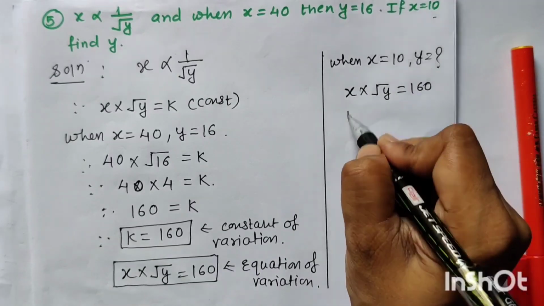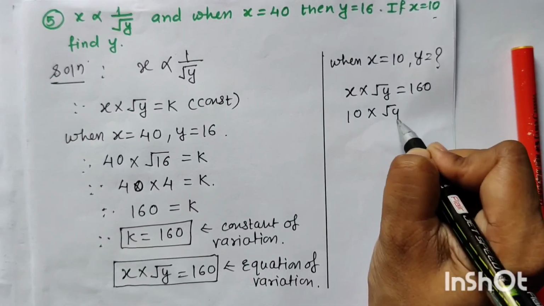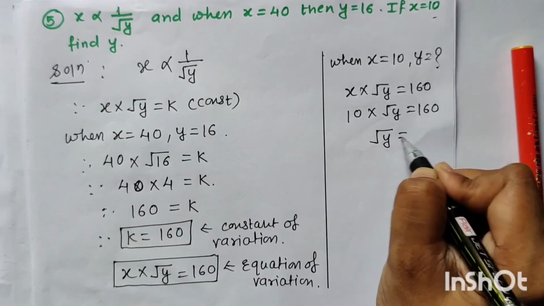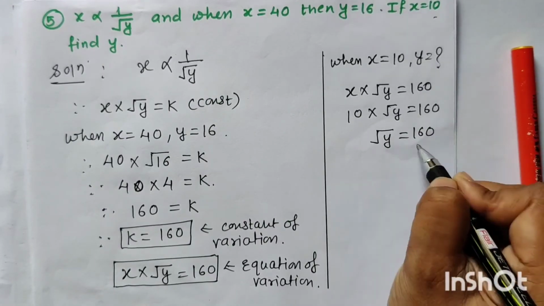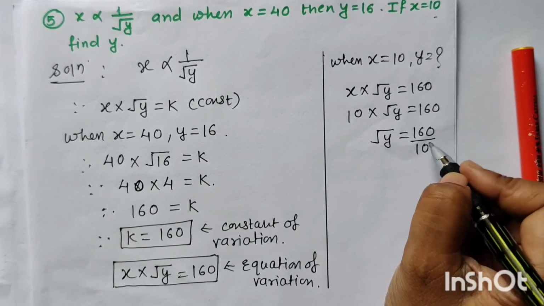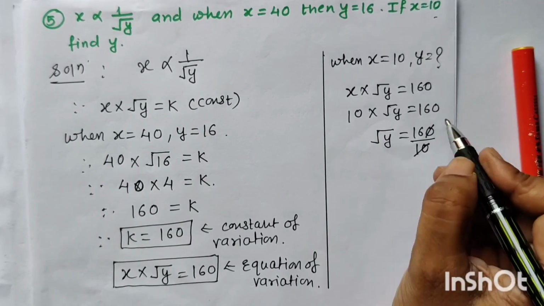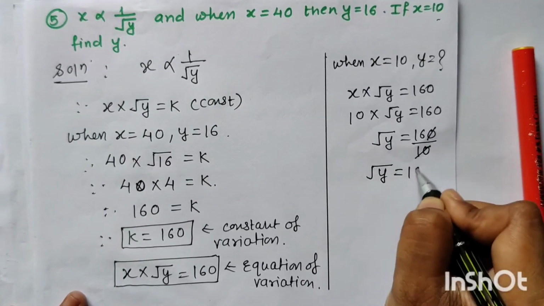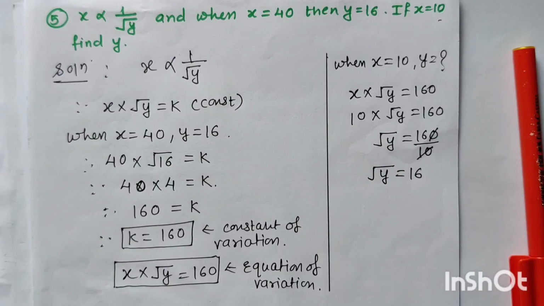We put the value of x, 10, so 10 multiplied by square root of y is equal to 160. Now square root of y we write as it is, 160 upon 10. The zeros cancel, and we get square root of y is equal to 16.